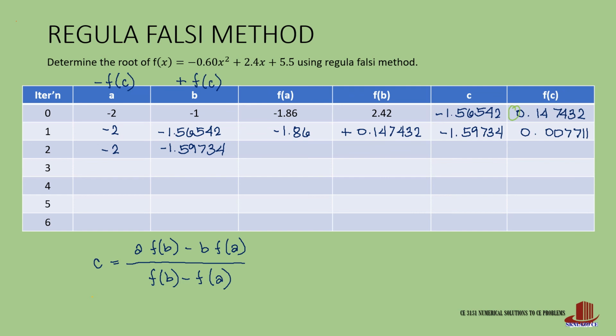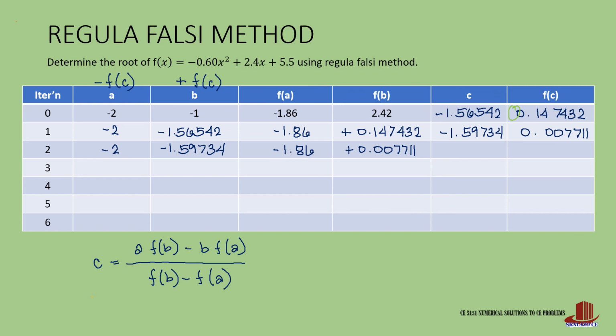F of a would still be negative 1.86, but f of b would be taken as 0.007711.